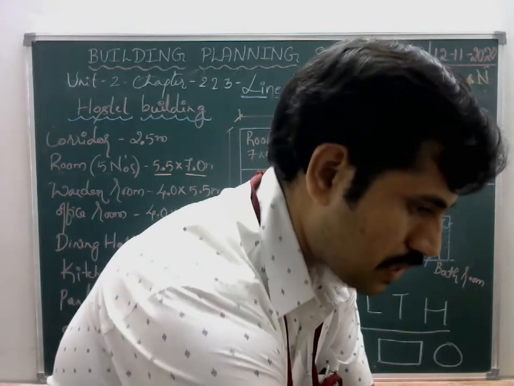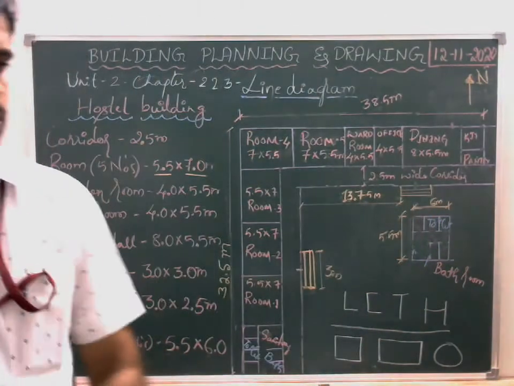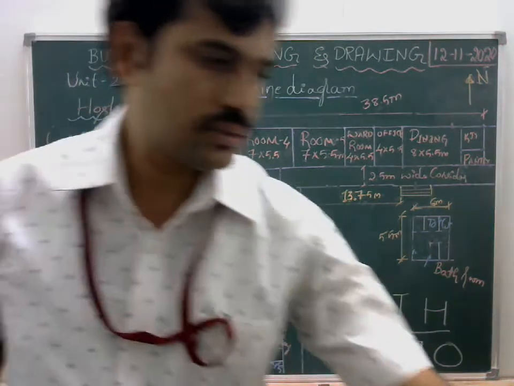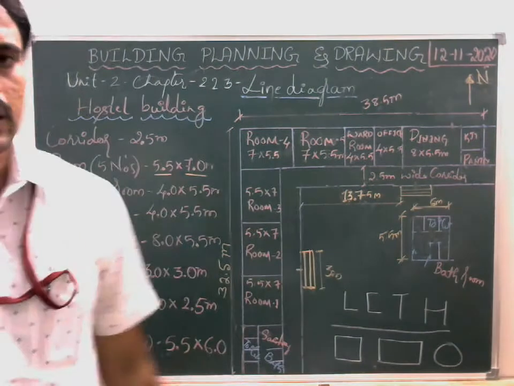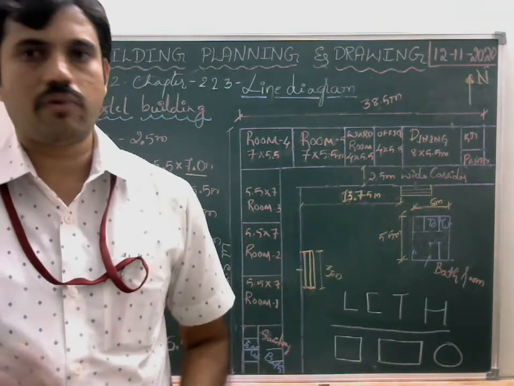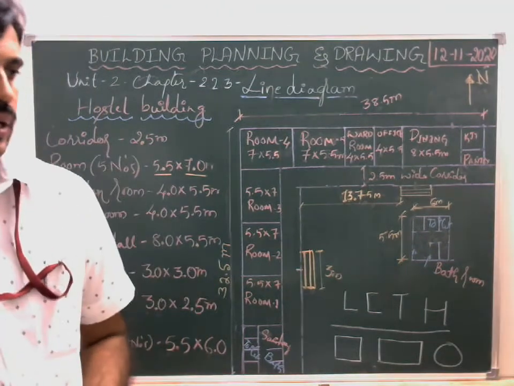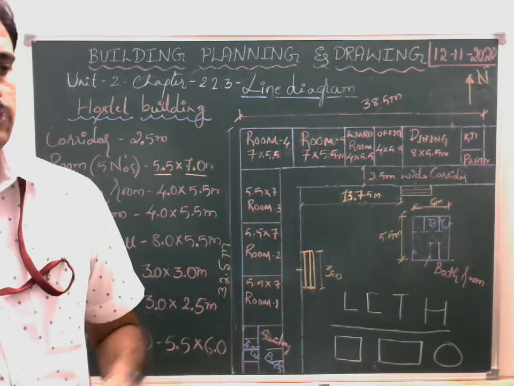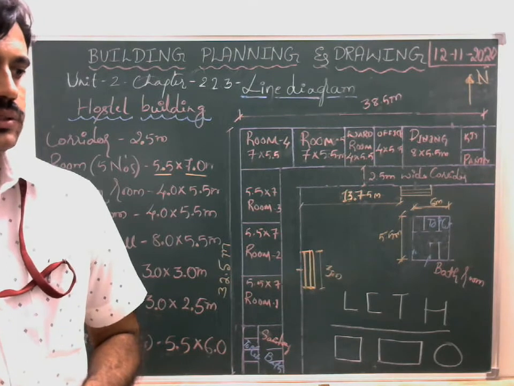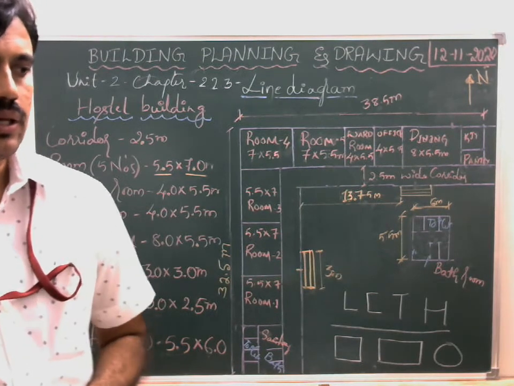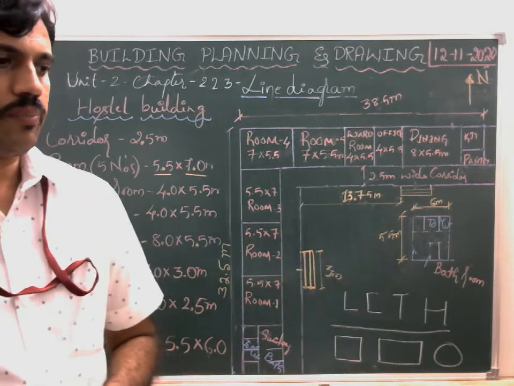There are basic bylaws we have to memorize in order to prepare the line diagram. The entrance must be 3 meters wide, so we are going to provide a collapsible door of 3 meters. Then room dimensions will be as per bylaws: 9.5 square meters per person for a single person.